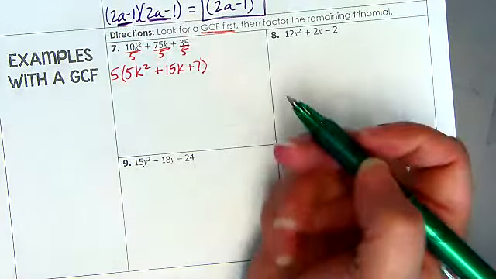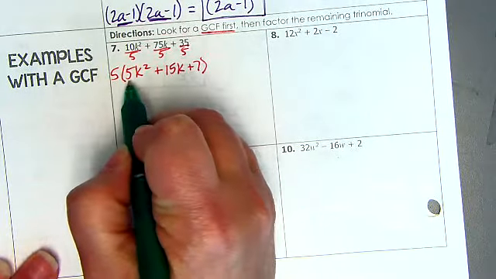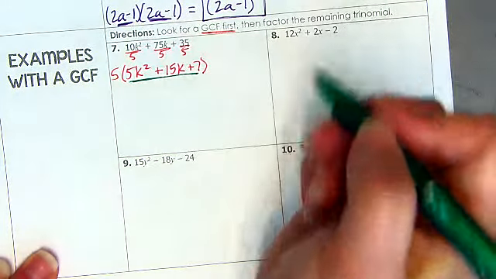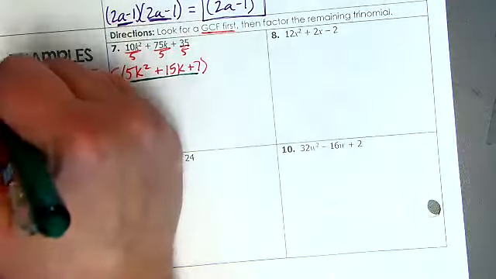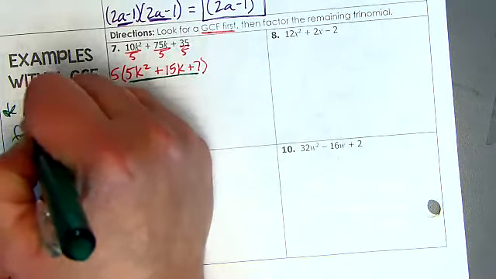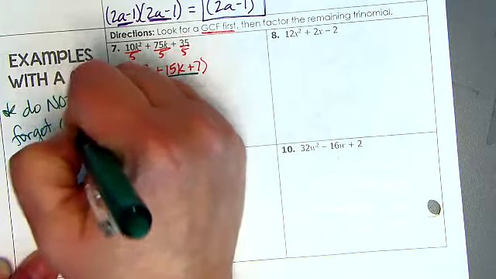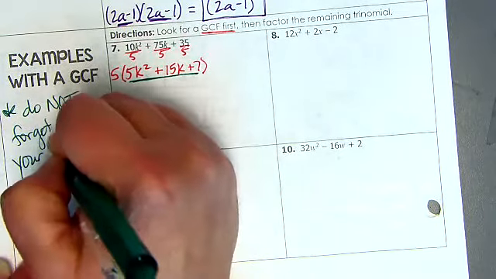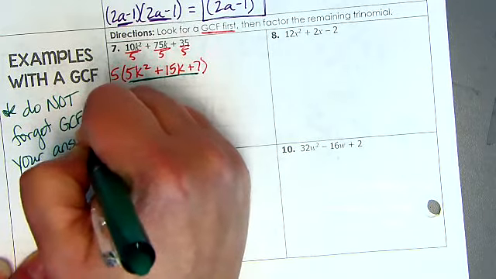So now when I factor, do the product sum, I'm doing this trinomial that's inside the parentheses. Don't forget the GCF. Do not forget GCF in your answer.